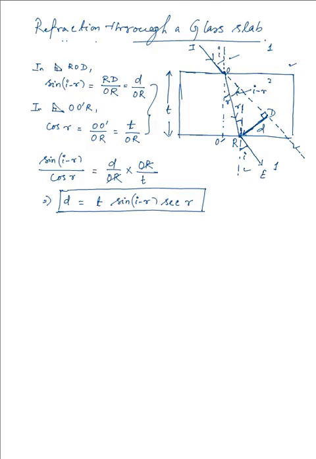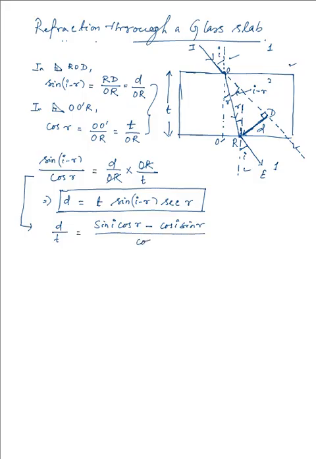We can divide this equation that we have at hand. I'm writing the right hand side of the equation first. So this is d over t, and on the right hand side we have sine (i minus r), which we expand: sine i cosine r minus cosine i sine r, over cosine of r.